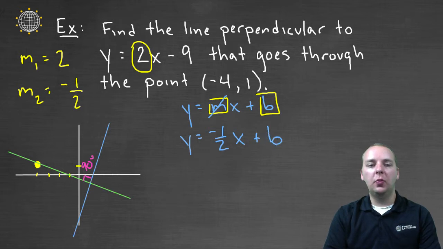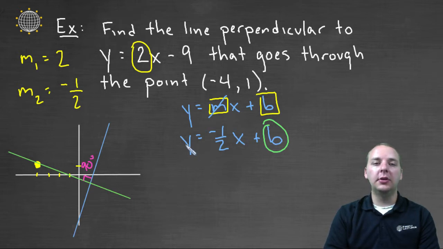Now the only thing we don't know at this point is the b. Currently we have 3 unknowns: the y, the x, and the b. The y and the x will stay variables, but the b should be a constant. So let's see, are there any x, y values that we know are on the equation of the green line, that we could substitute in for a little while so we can solve for the b?